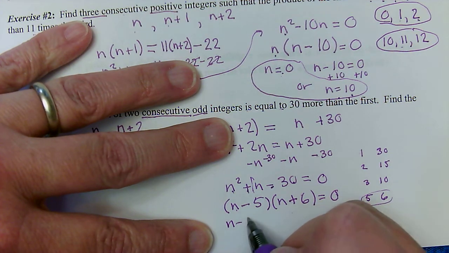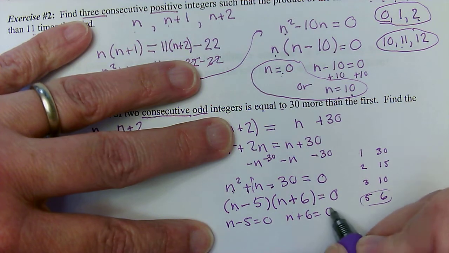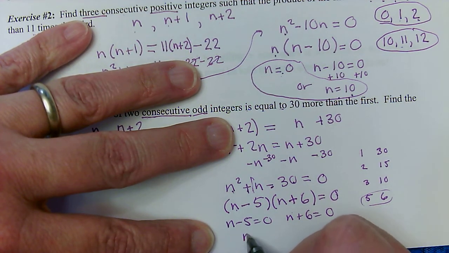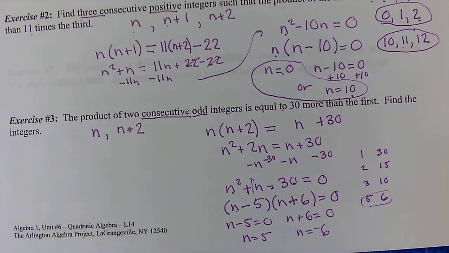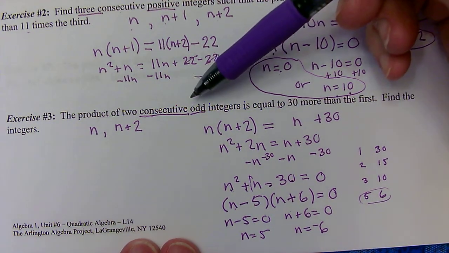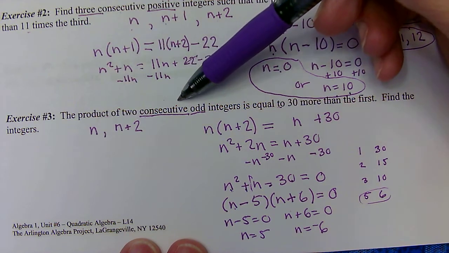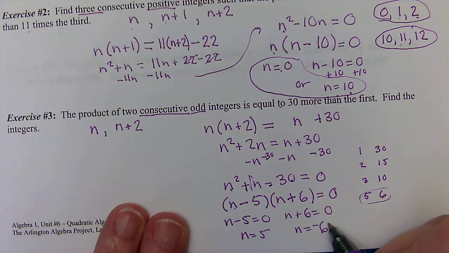So we set each of these equal to 0. And we'd add 5 to get n equals 5. Or we'd subtract 6 to get n equals negative 6. So it looks like we're going to have two answers again. However, it said they had to be two consecutive odd integers, and negative 6 is not odd.